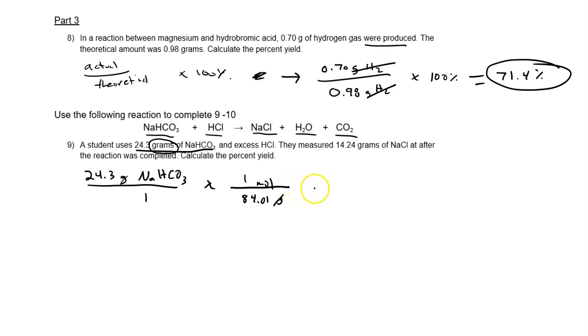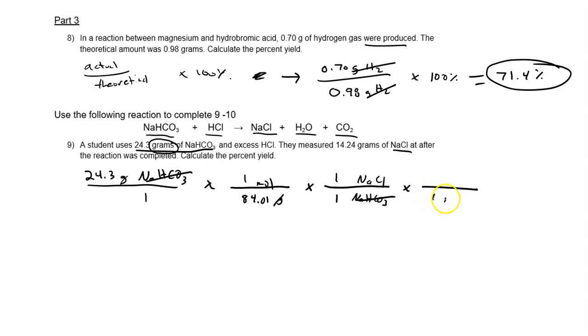Okay? Then, I need to use my mole ratio because I'm trying to figure out how much NaCl I should get. So it's a 1-to-1 ratio. We'll put this here just for good measure. 1 NaHCO3 for every 1 NaCl. Okay, that'll tell me how many moles of sodium chloride we should get. And then I'm going to multiply that by molar mass of sodium chloride.